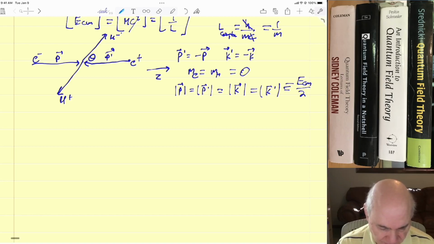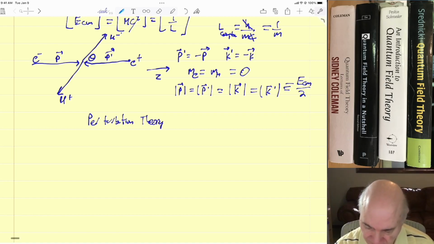So that's the kinematics that we're going to start with. And then he draws a, we're going to be working in perturbation theory. So it's kind of like just standard quantum mechanics. You can imagine a Hamiltonian, which is equal to H0, this is like the free Hamiltonian, and then plus the interaction Hamiltonian.